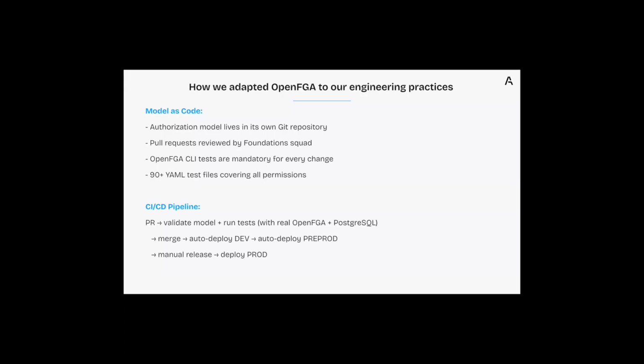They just import our NuGet package with the relations, and it's all automatic. When someone modifies the model, it creates a pull request in our library repository to update the relations, and then it releases a new version of this NuGet library. Teams just have to update the library so they have all the relations with type-safe constants. We did a lot of automation to help teams add new permissions easily.